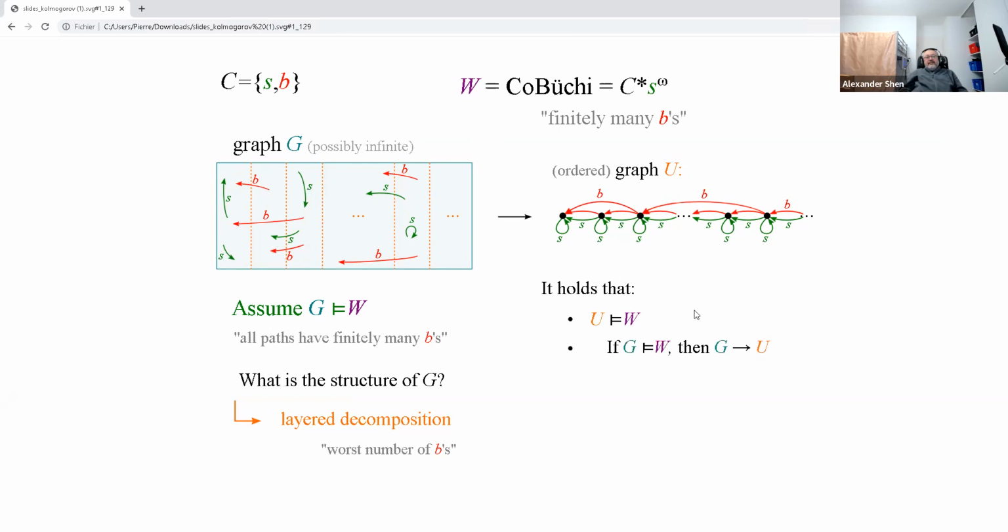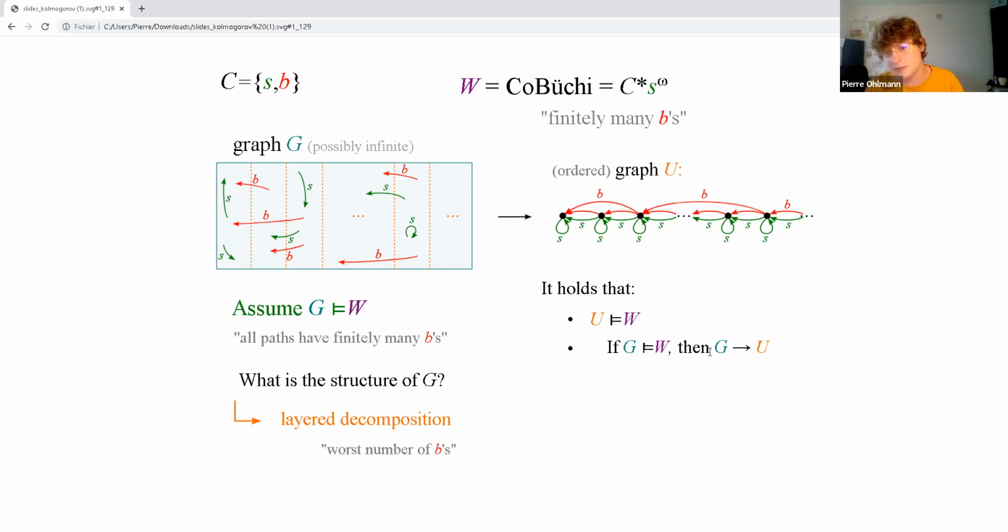Second, I claim that if I have a graph G that satisfies the objective, then it embeds into U with a graph morphism. This is just a rephrasing of what I said on the left. It says exactly that any graph G that satisfies the objective can be partitioned into layers such that the bad edges have to decrease strictly, and the safe edges have to decrease but non-strictly.